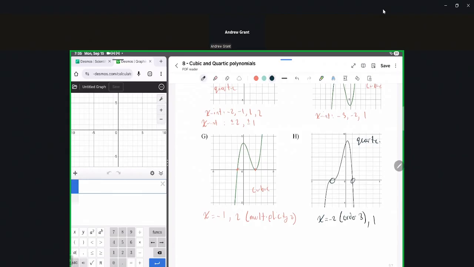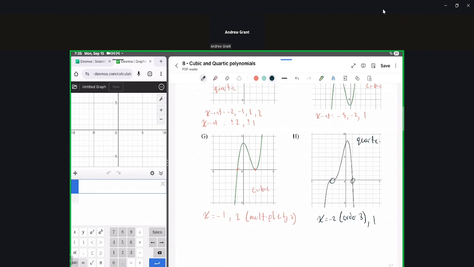Okay. So here what we're able to do is from the equations of graphs, we're able to list off their x-intercepts as well as their corresponding multiplicity or order. And we can also list off these x-intercepts from the graph itself. Okay.